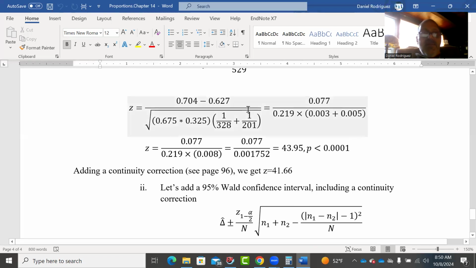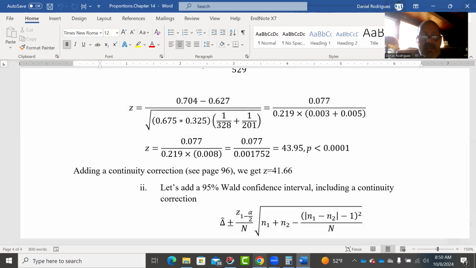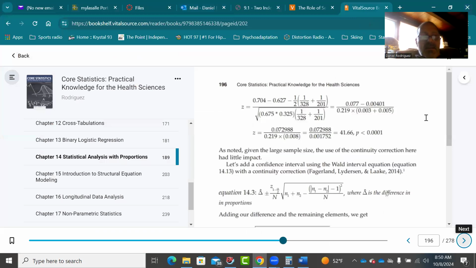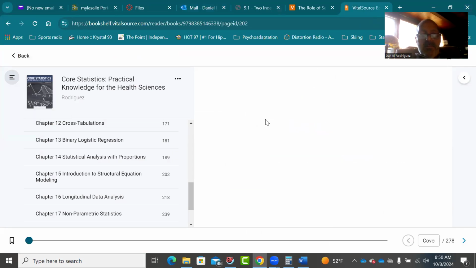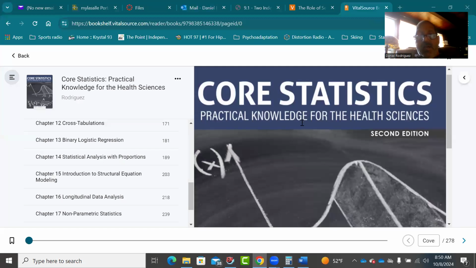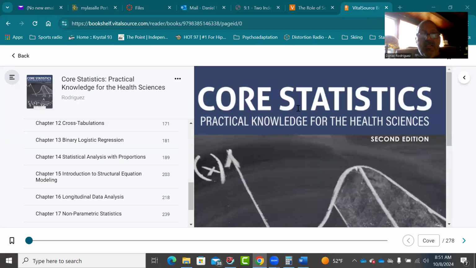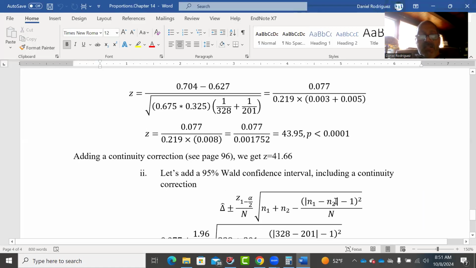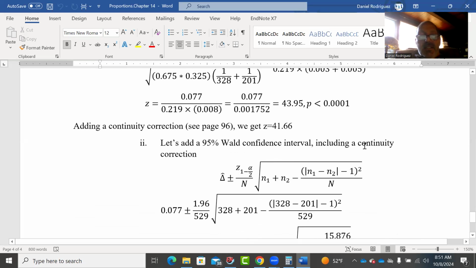I don't know where the textbook is now. Let's see. There it is. Core Statistics: Practical Knowledge for the Health Sciences, Second Edition. But anyway, that's page 96.